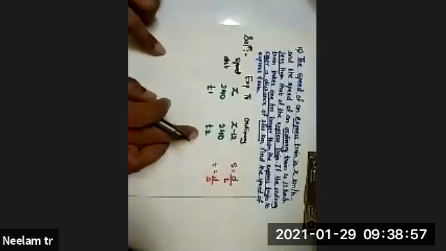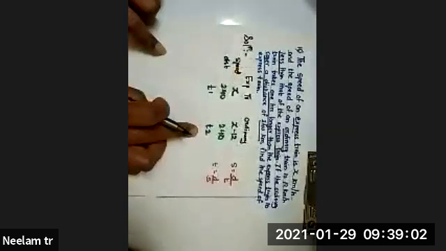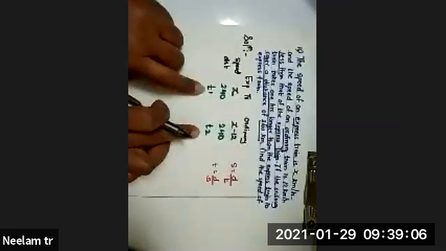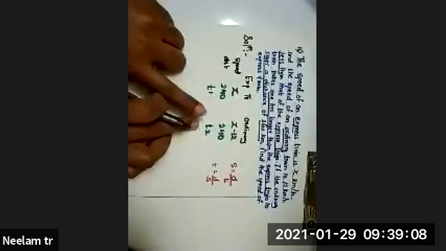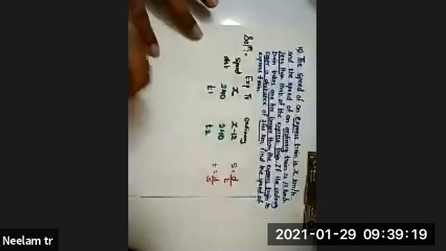See, they told us to find the speed of the express train, na? So the difference between train 1 and train 2, if I subtract my train 1 speed with train 2 speed, I'll get my speed. So what I'll do?